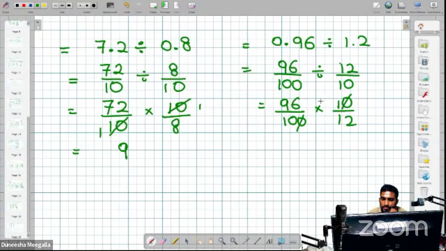How many 12s are there in 96? 8. 8 over 10. How can we write it as a decimal number? 0.8. Okay.